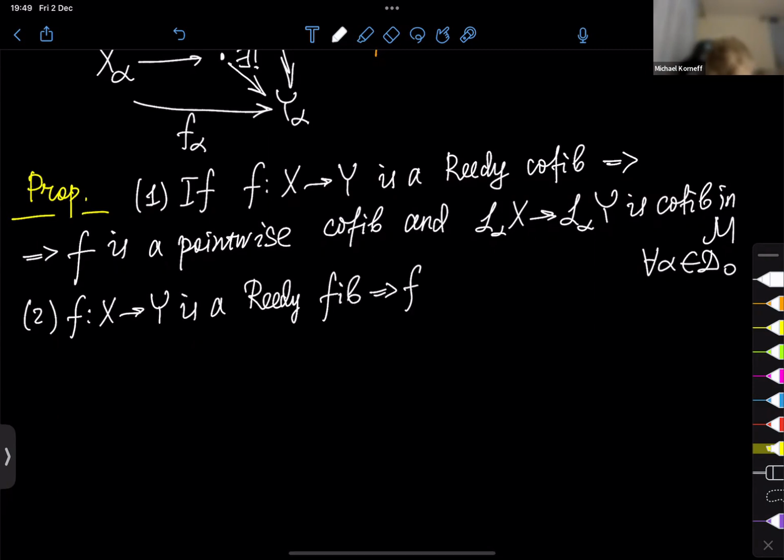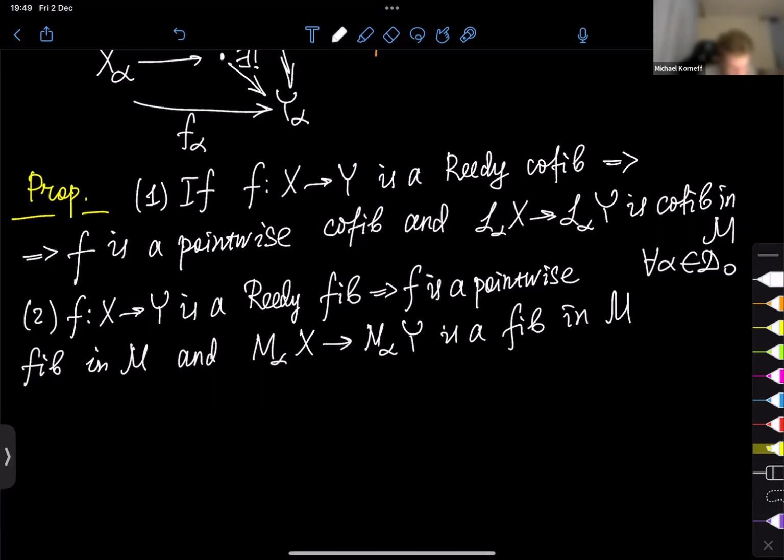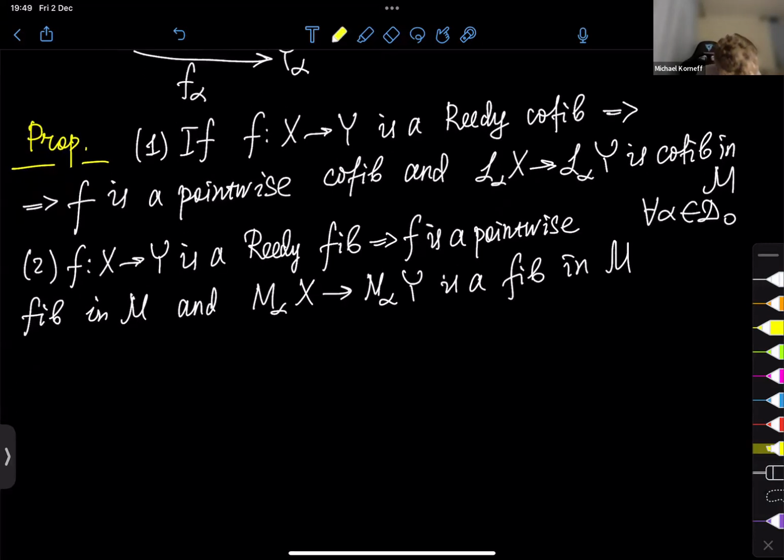Then F is a pointwise fibration in M, and the map between matching objects is a fibration in M. Okay, proof.